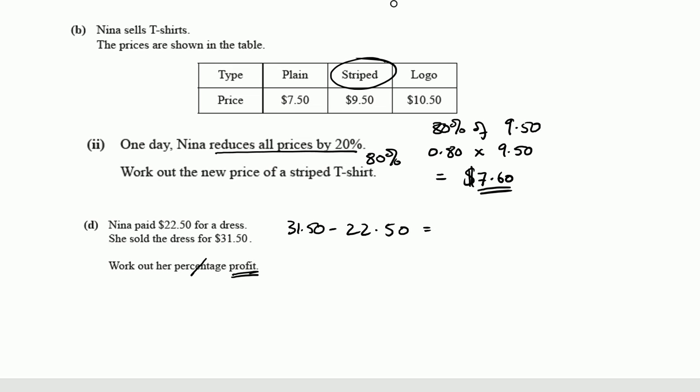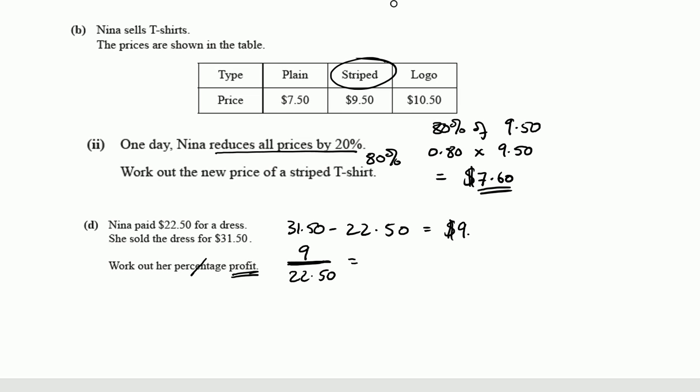So she's making $9 profit. Now that $9 is a fraction out of that $22.50 she paid originally. Think of it this way, she's making $9 out of that original $22.50 that she spent.